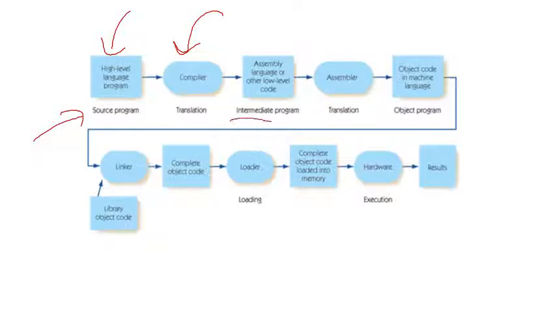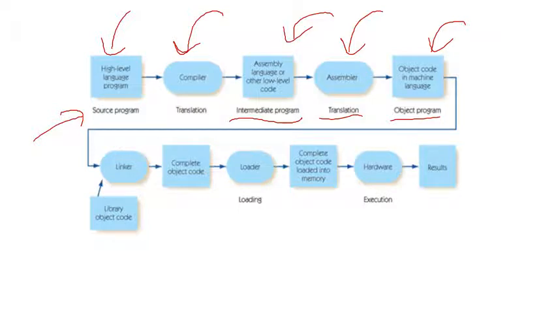Usually it is an intermediate program represented in assembly language or other low-level code. Again you need translation, and at this stage you will need an assembler because the code is an intermediary code and it is often represented in assembly language. The assembler converts the code into the object program or object code in machine language.